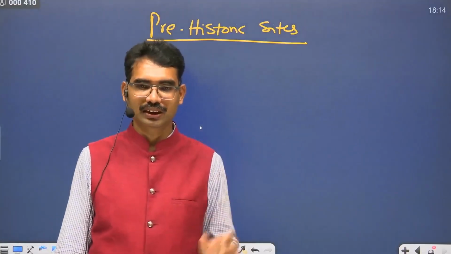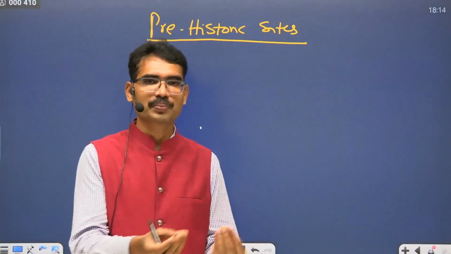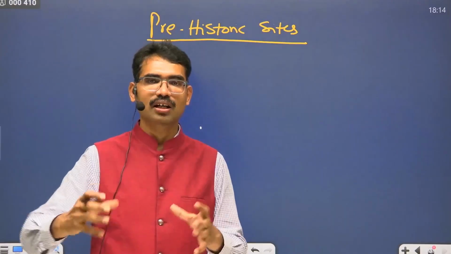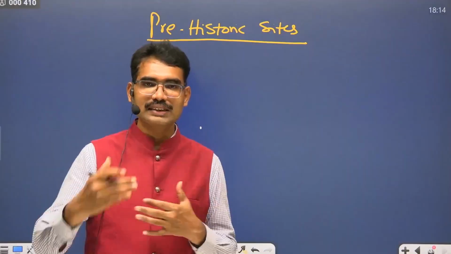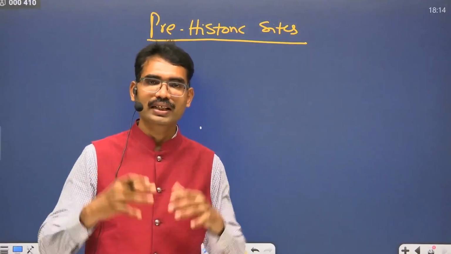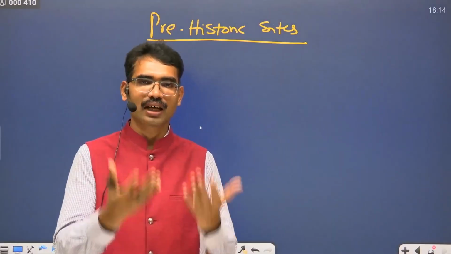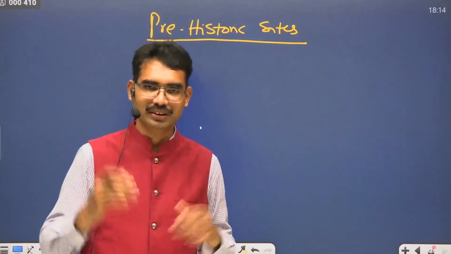What is prehistory? We don't have any written record. We have to depend on whatever objects are discovered by our archaeologists. Archaeologists are those people who are experts in surveying, exploring, and excavating different parts of India and unearthing what is hidden beneath the earth and above the surface also.